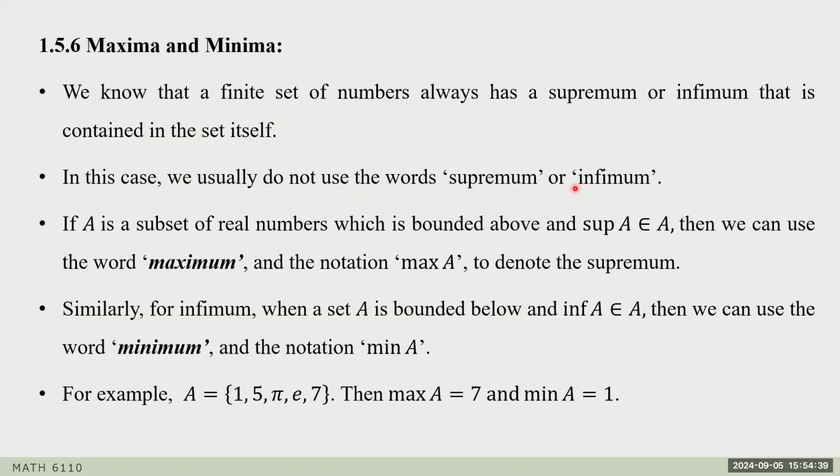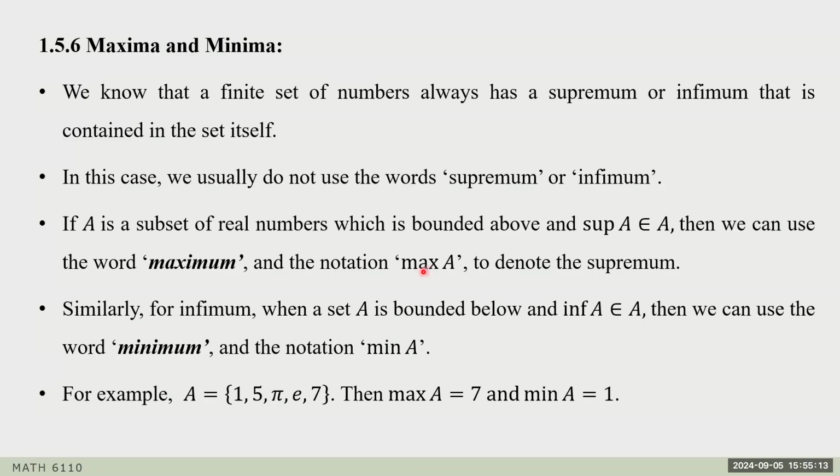So how do we emphasize that? We use the word maximum and minimum. So the maximum of a set is just the supremum of that set if it happened to be in that set. So if the supremum of a set A happens to also be an element of A, we know this does not always happen, then instead of supremum A, we could write max A or maximum of A. It's the same number, by the way.